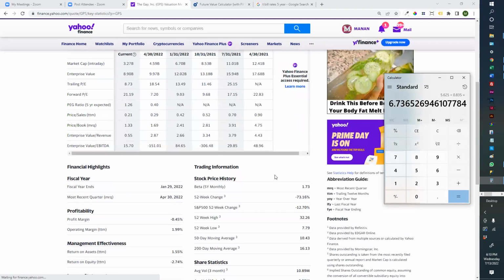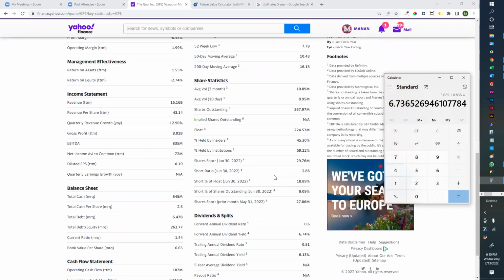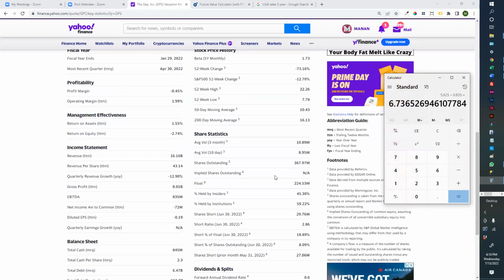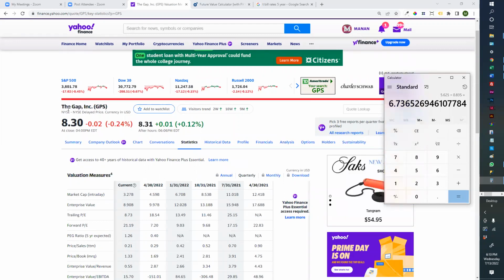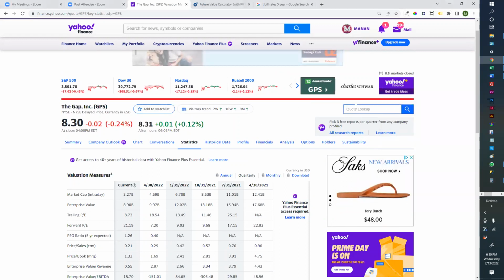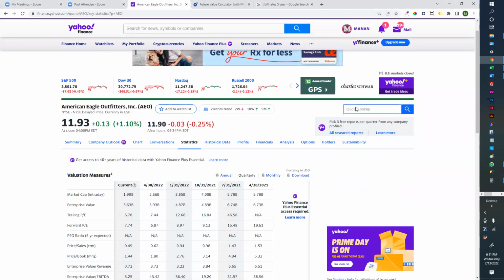And sometimes you want to see also what the other competitors in the same industry are doing. So you cannot blame Gap as having a bad balance sheet if every single clothing company does. Let's say American Eagle, okay.